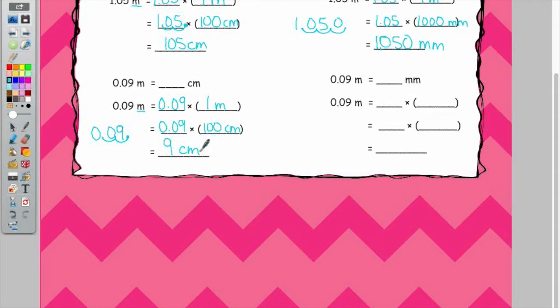What about over here? What's different? Is my unit different than I start with? No. Millimeters is different. So how about Jared? How many millimeters in 1 meter? 100. Well, that's what centimeters is. Oh, 1,000. Let him think. So 1,000 millimeters.